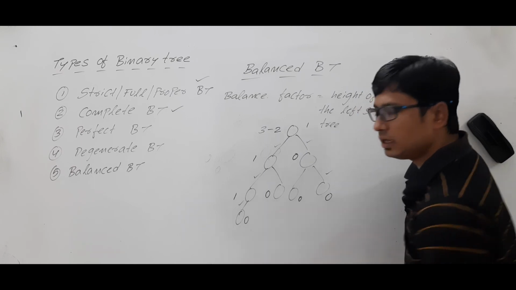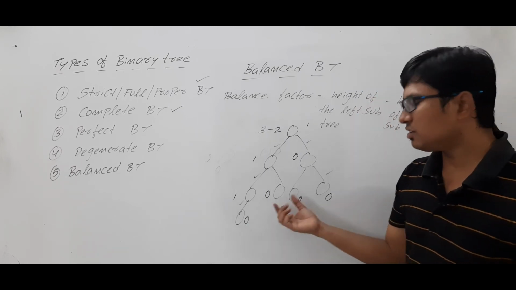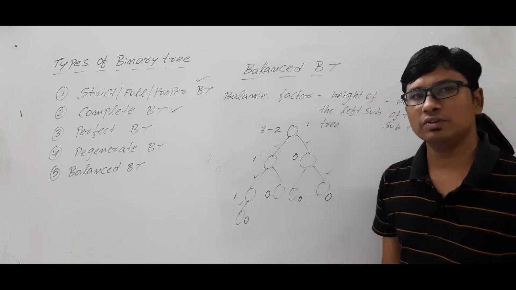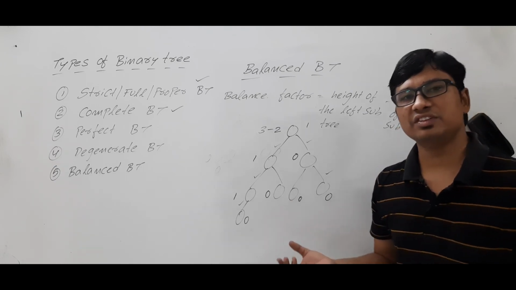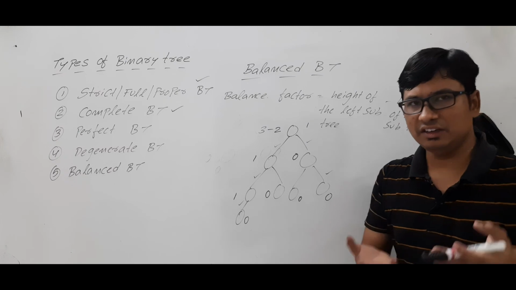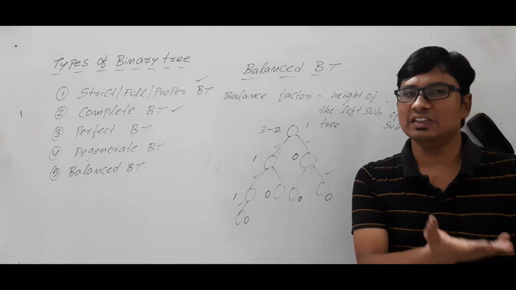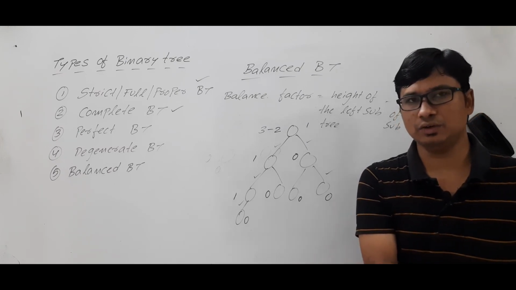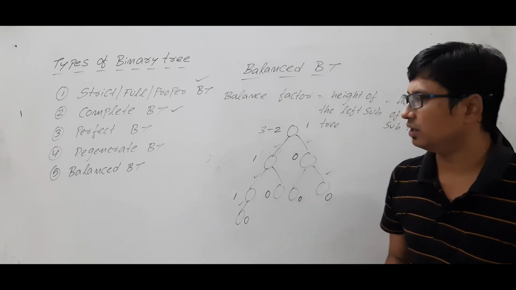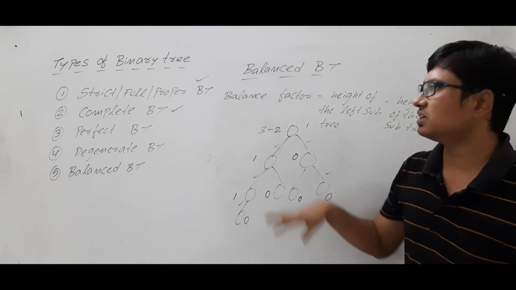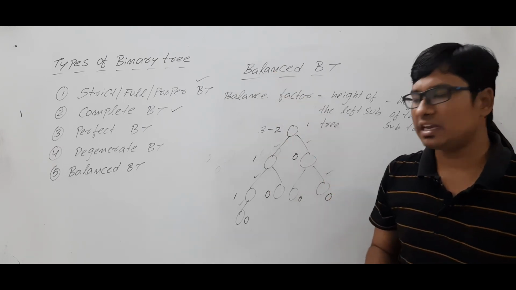Remember one thing, the balance factor of the leaf nodes will always be 0, because a leaf node does not have a left child and does not have a right child. If it does not have a left child, the height of the left subtree is 0 and the height of the right subtree is 0. So 0 minus 0 is 0 only. Now when will I call it a balanced binary tree?